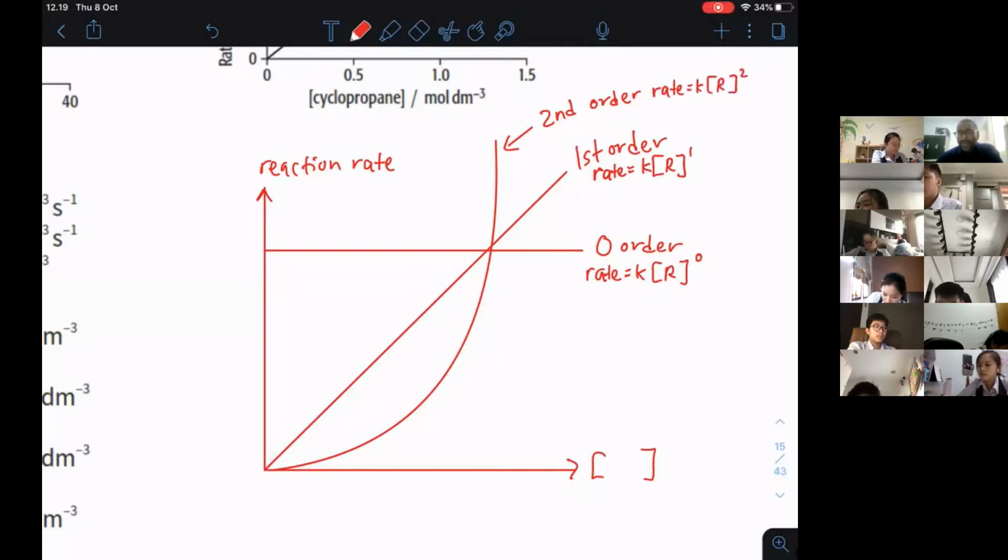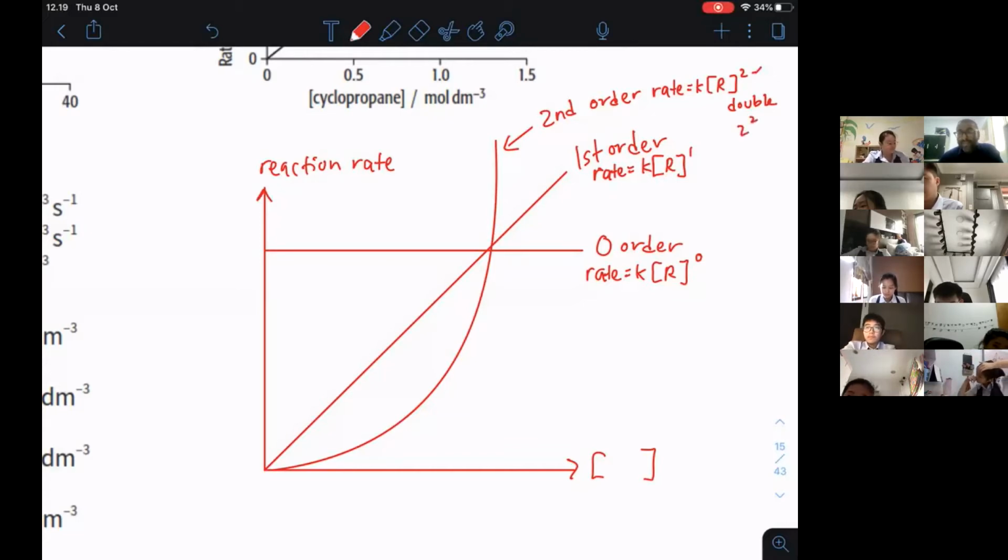Now, if the concentration becomes double, Victoria, what do you expect for second order? The rate becomes double, or will it change into something else? Yes, because it's going to be to the power of 2. So when it becomes double, it becomes 2 to the power of 2.